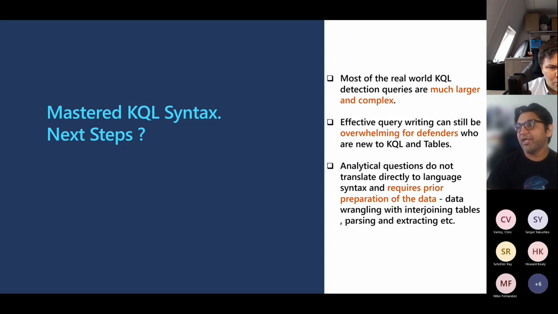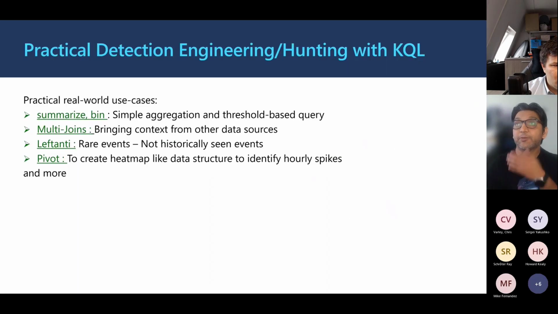For certain detections, you don't have the data available in a single table. You have to join it with other tables, understand which fields it has, then parse out, extract, and join that data, and create the final data set, which is helpful for finally writing the KQL query that you wanted to write, right? So we'll see a few examples that I've extracted that will help you understand and grasp this concept.